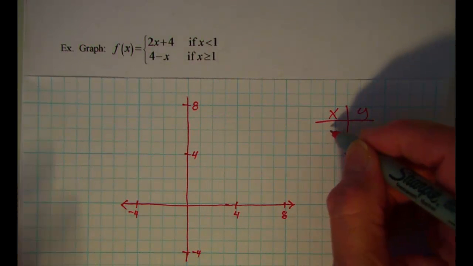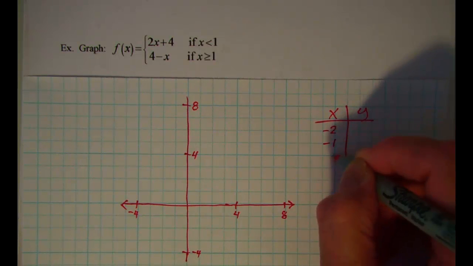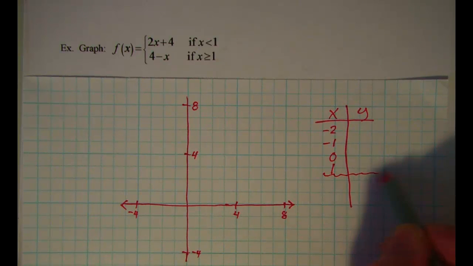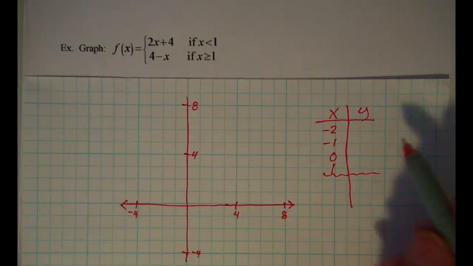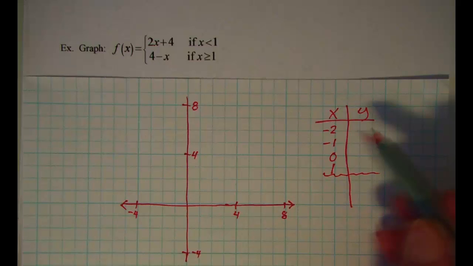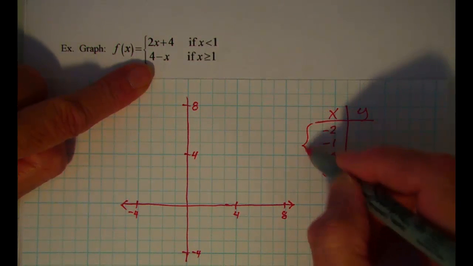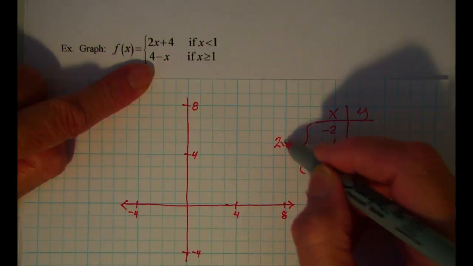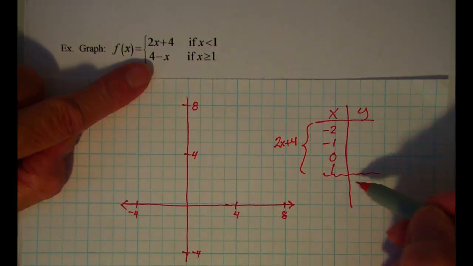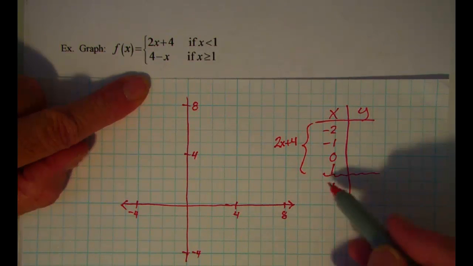So when x is -2, -1, 0, 1, that's my boundary when x is 1. So for these numbers, I'll have the top rule. And then for numbers greater than or equal to 1, again, I'm going to include that boundary.